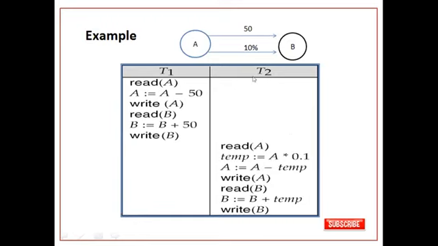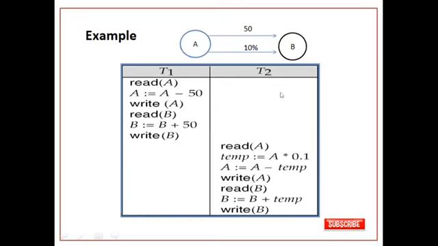At the same time, if T2 is executing, another transaction should not disturb T2. So only one transaction must be completed, then only another transaction should follow. This is called isolation.